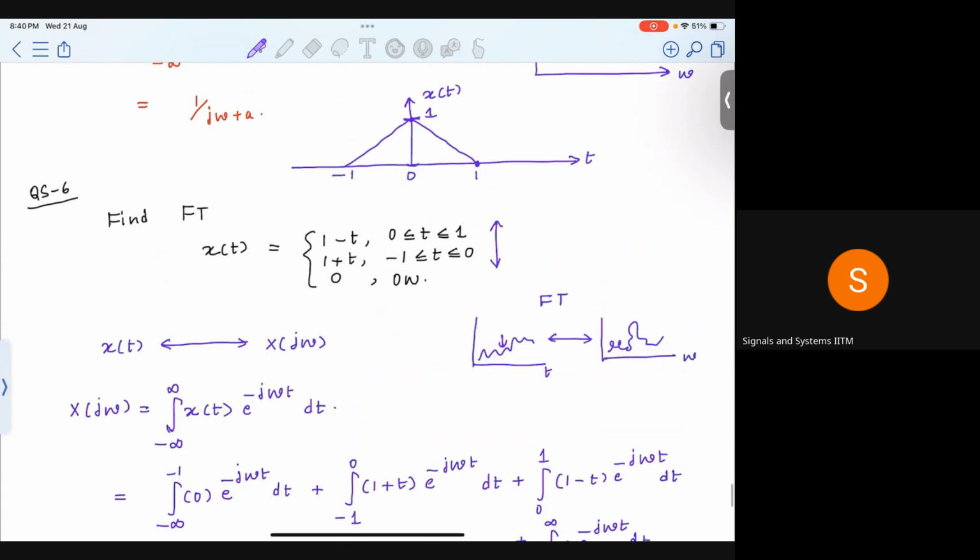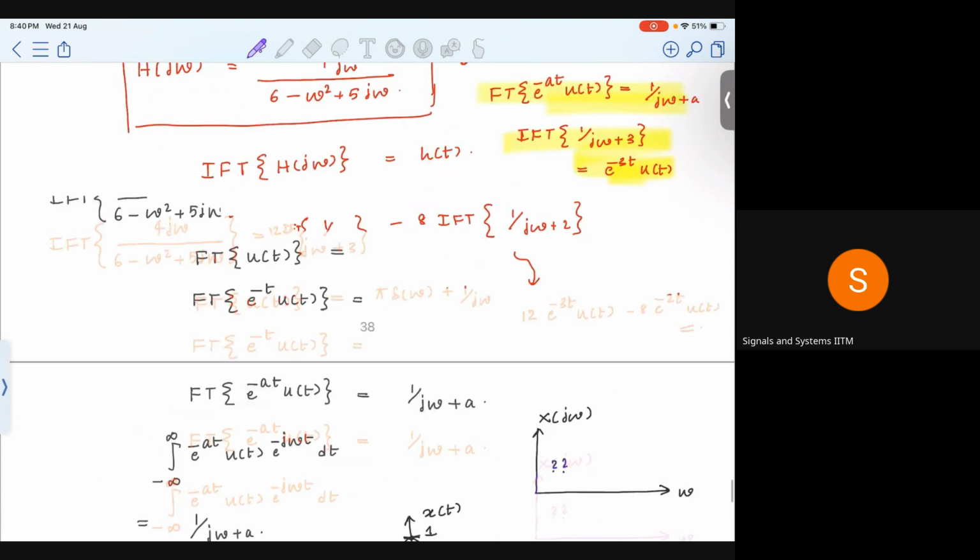You need to understand and practice more and more problems of these kinds. This is a simple enough problem to solve using the direct definition of the Fourier transform. But there will be some tricky problems where the direct application of the definition may not help you. In such cases, you may have to use the properties of the Fourier transform.